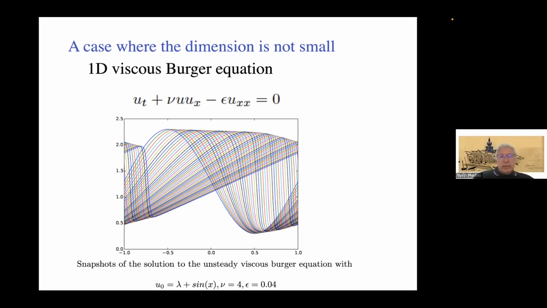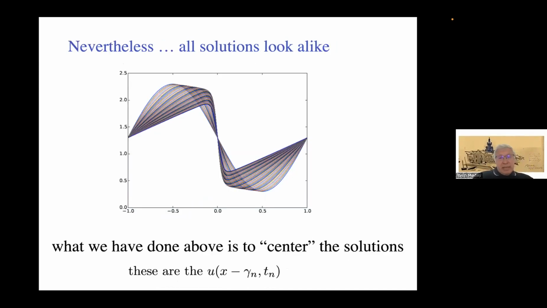So what we can do is, for instance, look at the inflection point and put all the inflection points of this curve at the same point, this is what we get. And then the solutions look quite alike.